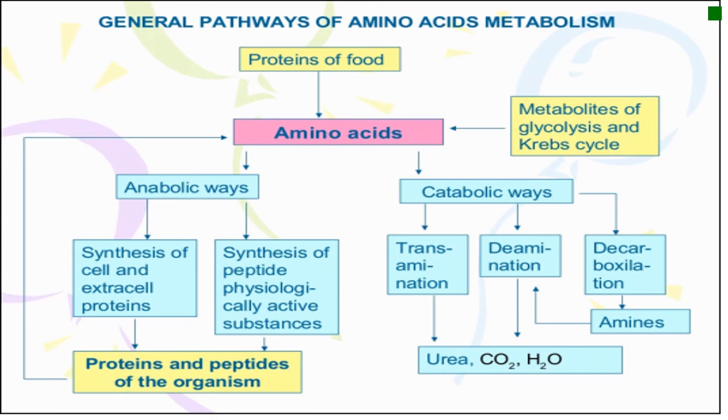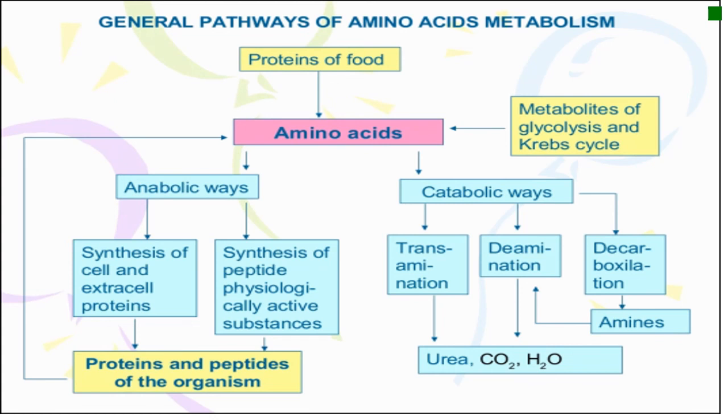To summarize, the general pathways of amino acid metabolism: the proteins from the food are digested into amino acids and can undergo two processes, anabolic ways and catabolic ways. In anabolic ways, they can synthesize cell and extracellular proteins, and can also synthesize peptide physiologically active substances to form proteins and peptides of the organisms.